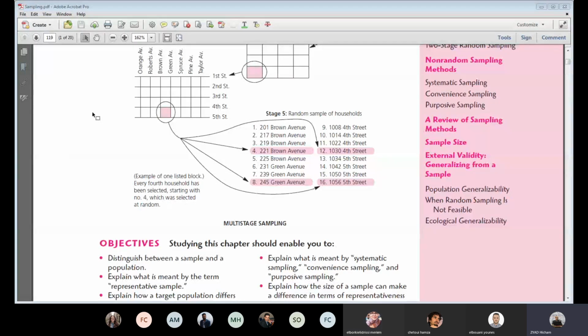So purposive sampling, you have something in mind. You have a particular chart that depicts the exact characteristics of individuals that would be good informants for your research.